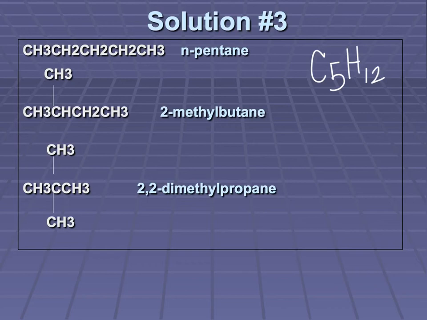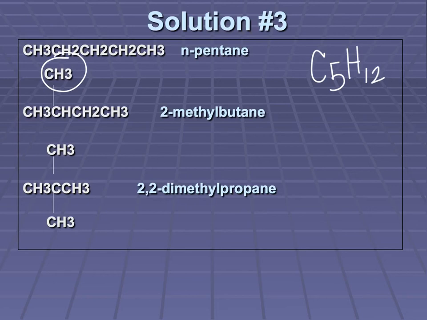Okay, then when you name this one, you're going to count it in this direction so that the carbon here will be number 2, because we would count it as 1, 2, 3, and 4, right? So that this branch would come off the lowest possible carbon.